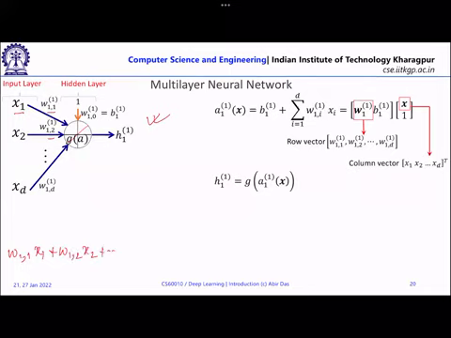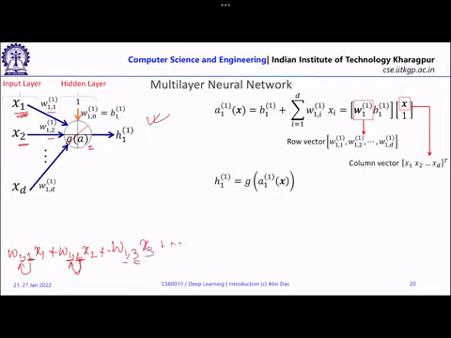So the notation is that this is from, and this is to. From X1, that is node 1 of the input, to node 1 of the hidden layer, node 2 of input to node 1 of the hidden layer, node 3 to node 1, and so on, right?